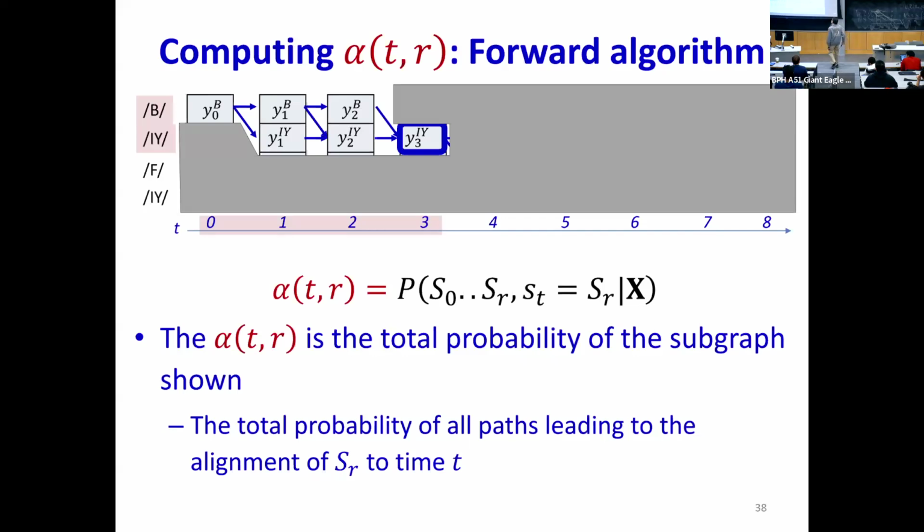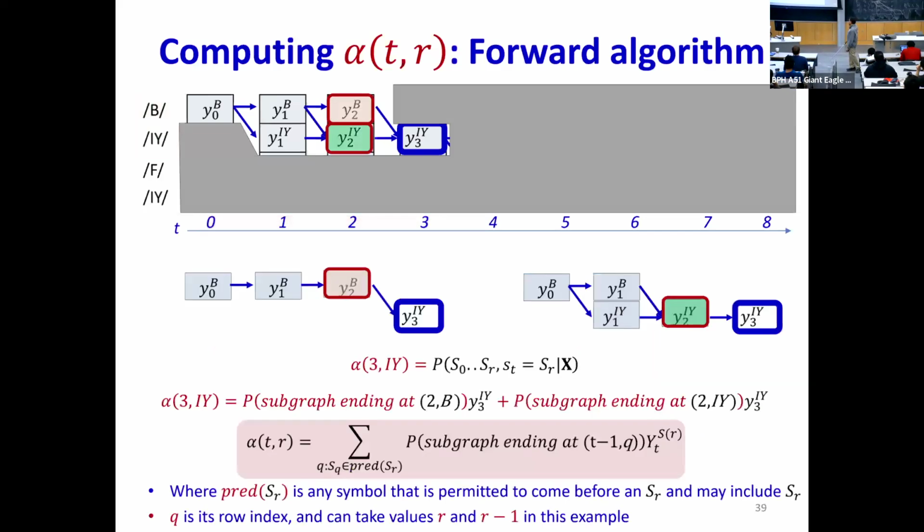Now, how do you compute this? How can you end up at the symbol E at time t? There are only two ways in which you can do it. You can either align B to 2 and then transition to aligning E to 3, or you can align E, the green box, to 2, and then end up transitioning from E to 3.